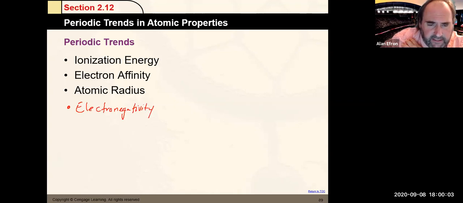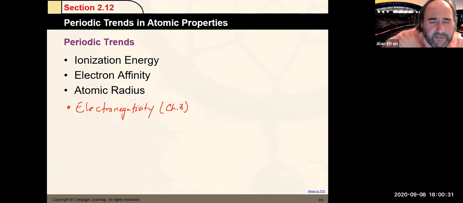And electronegativity is actually from chapter 3. If you look at the syllabus and the schedule, it will say exam 1 is chapters 1 through 2 and chapter 3 point, I almost want to say 2 or 12 or something like that. This is the only thing technically out of chapter 3 that you'll need to know for the first exam. We will go more into it when we get to chapter 3.